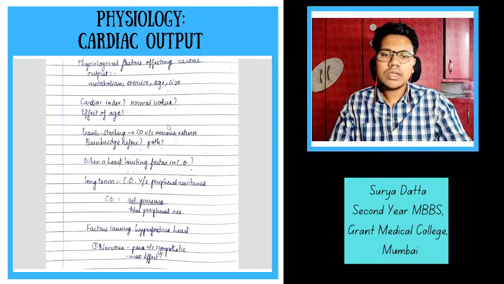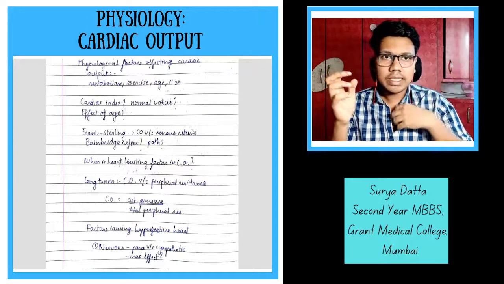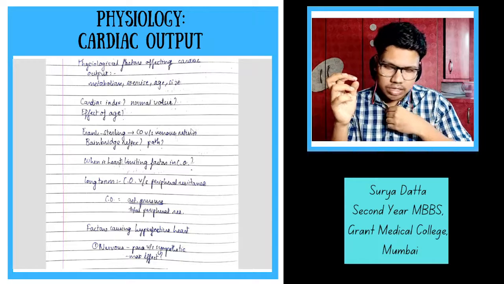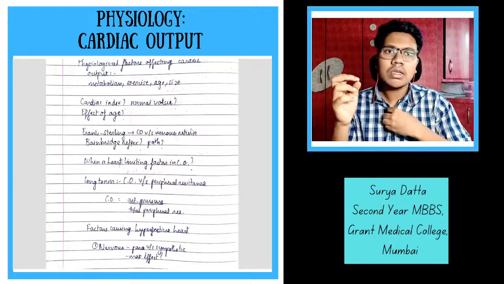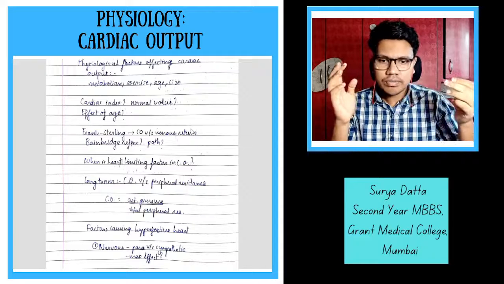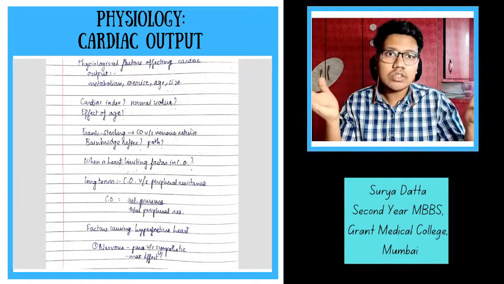Now, how does it affect the venous return and how does it affect the cardiac output? You have to understand what the end diastolic volume is. At the end of the day, it's simply the venous return, right? If the venous return increases, the end diastolic volume has to increase.